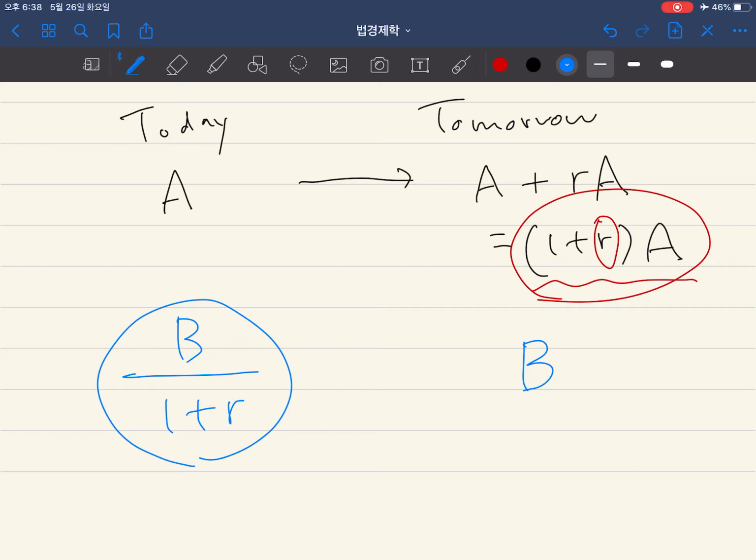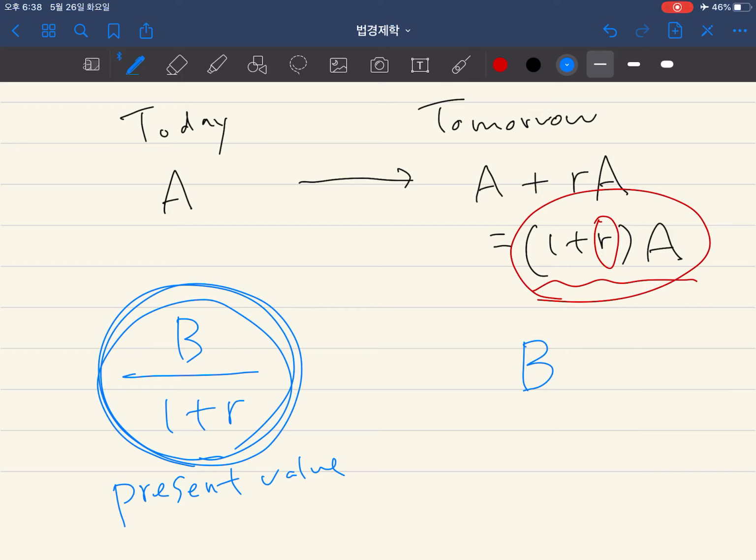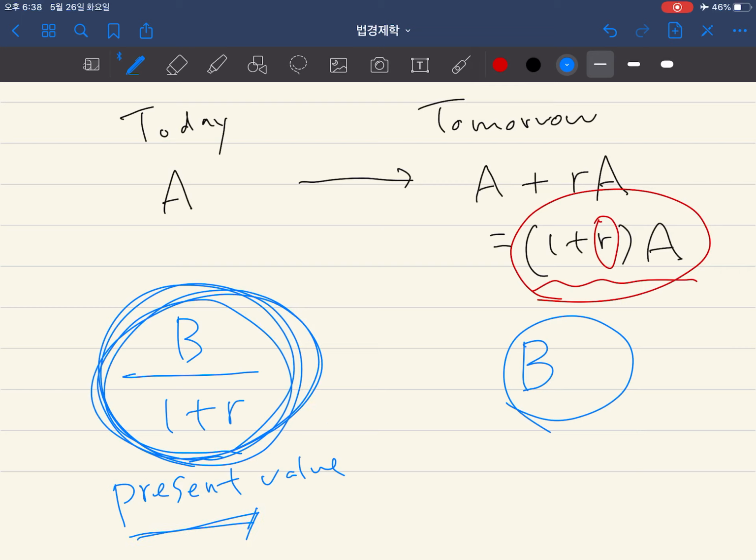So we can say this expression is the present value of $B tomorrow, or today's value.